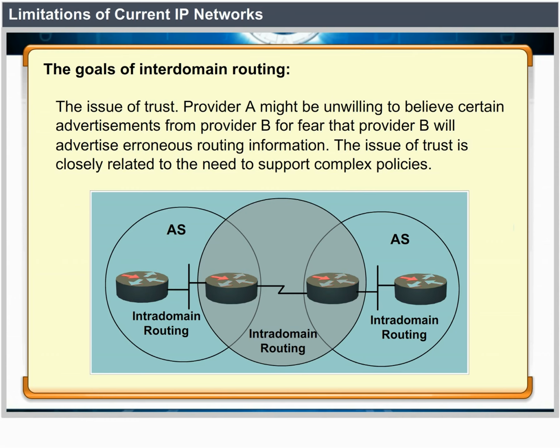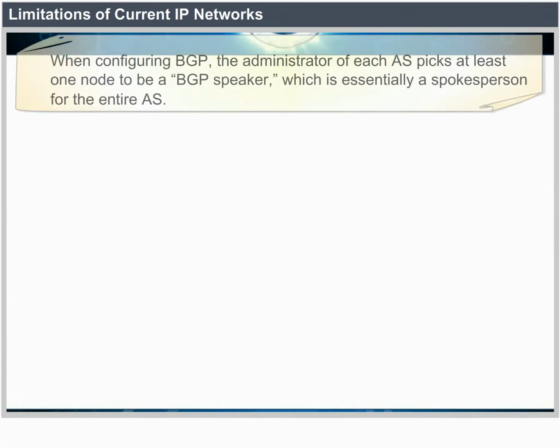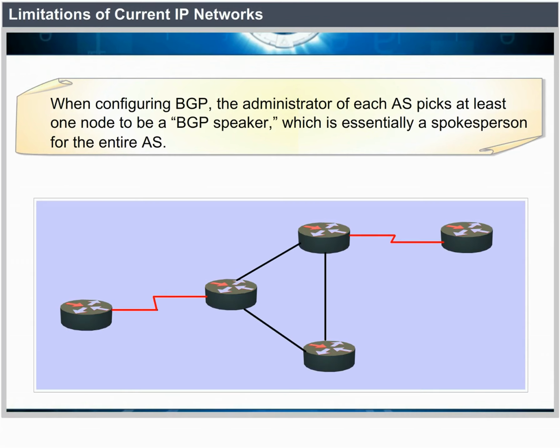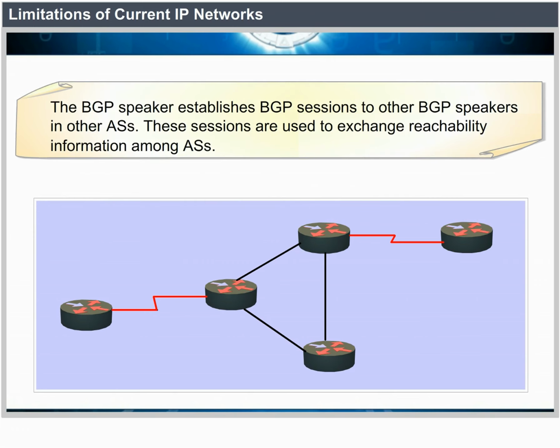When configuring BGP, the administrator of each AS picks at least one node to be a BGP speaker, which is essentially a spokesperson for the entire AS. The BGP speaker establishes BGP sessions to other BGP speakers in other ASs.